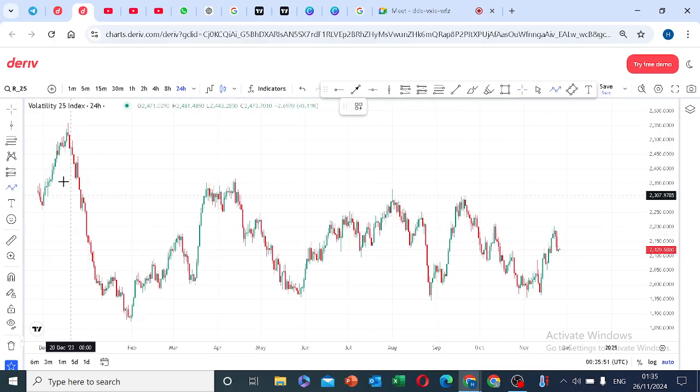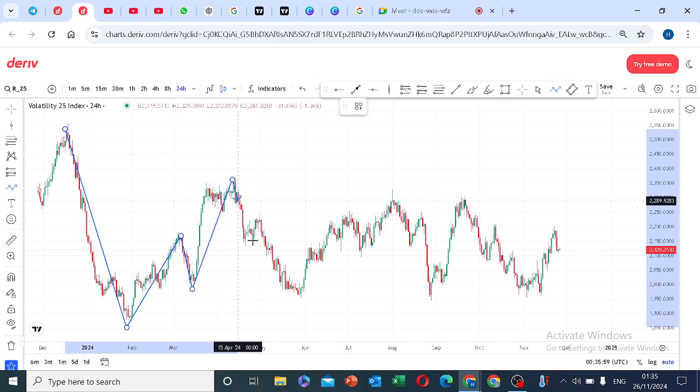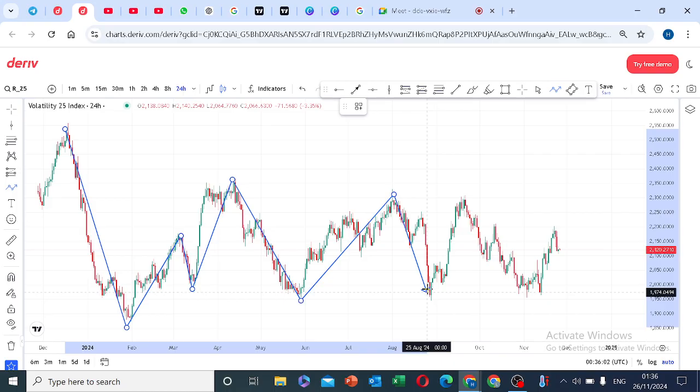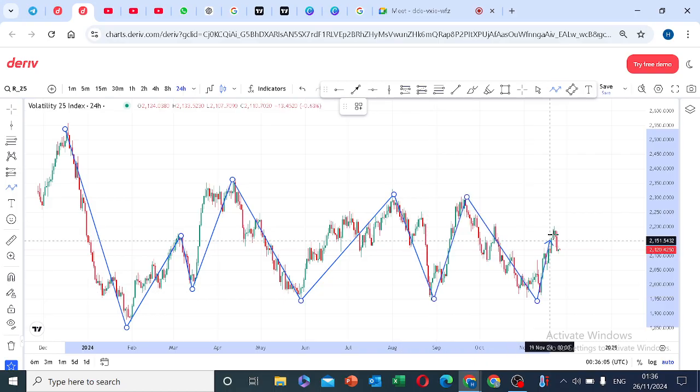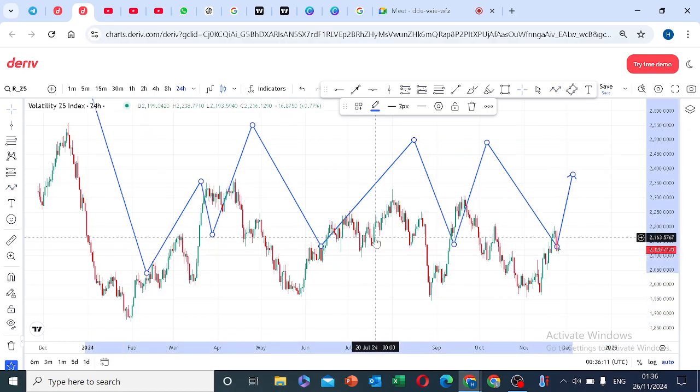Because if you look at what the market has been doing, it came down, went up, came down, went up, came down again. So what can you see now? If we bring this out, you can see that it is not going up, it is not coming down, right? Is that what you can see?